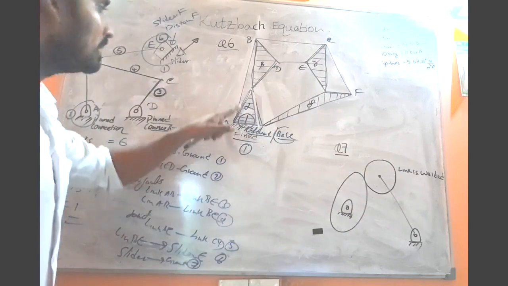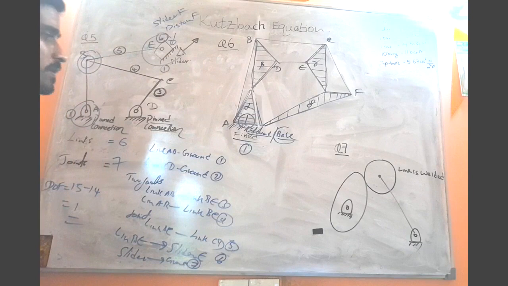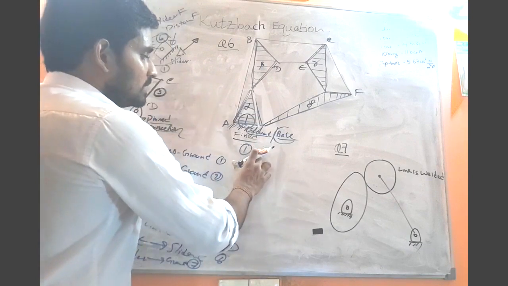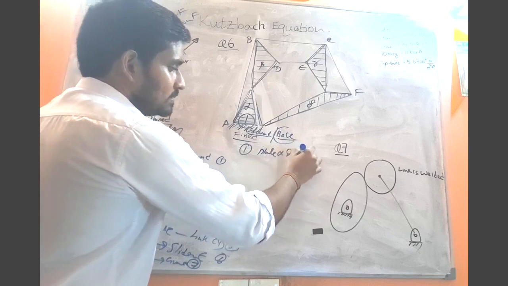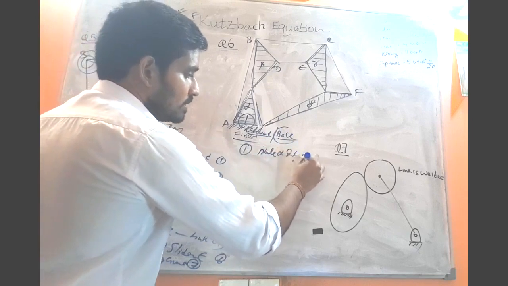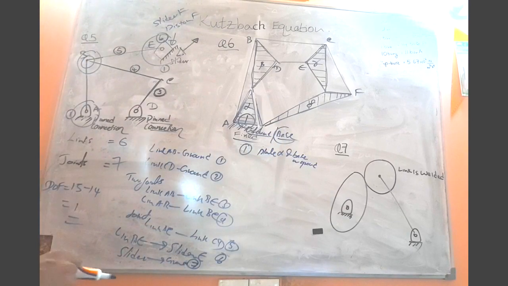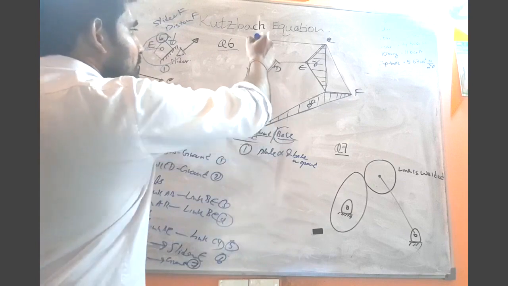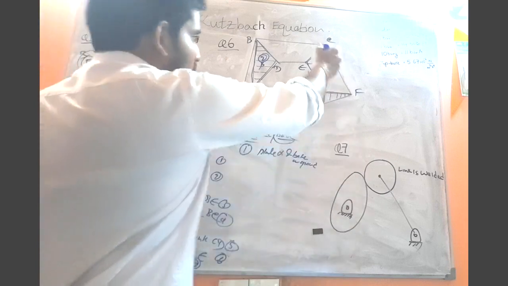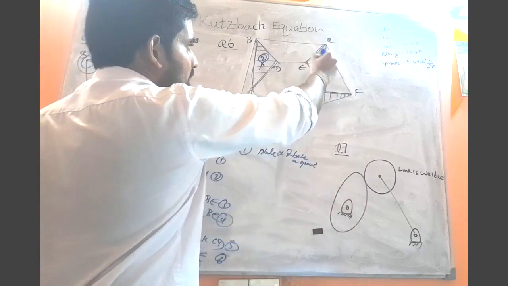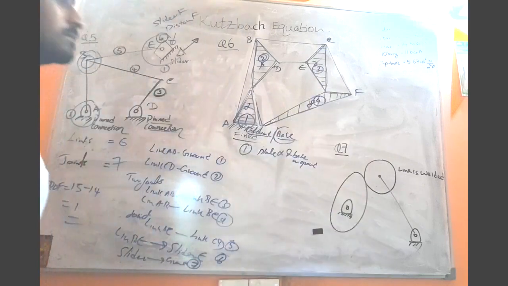The first member, label 1, is given to the plate alpha and the base or the ground. This plate beta is label number 2. Plate gamma, label number 3. Plate delta, label number 4.